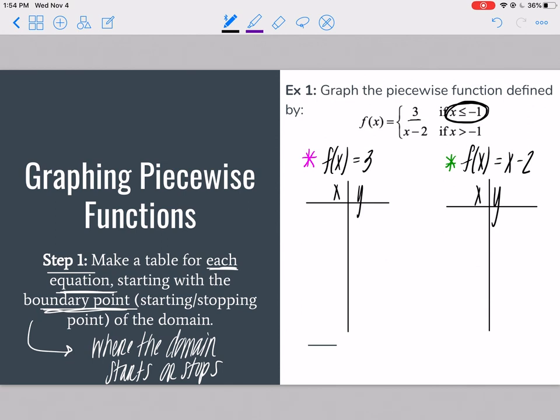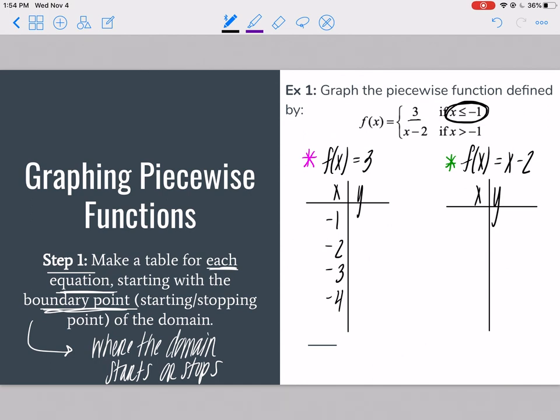So -1 really is the starting or stopping point. That is our boundary point for f of x equals 3. So it's going to start at -1, and then we want values less than that. We need at least a couple of values since it goes on to infinity. So let's just do -2, -3, -4, something like that.